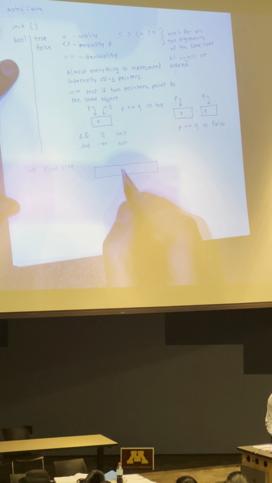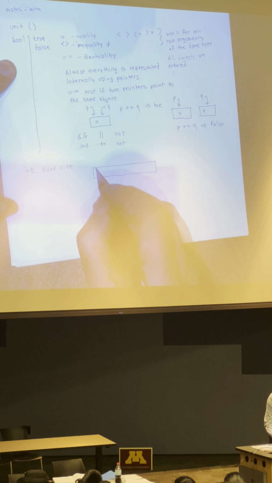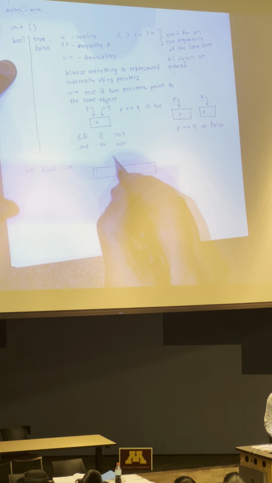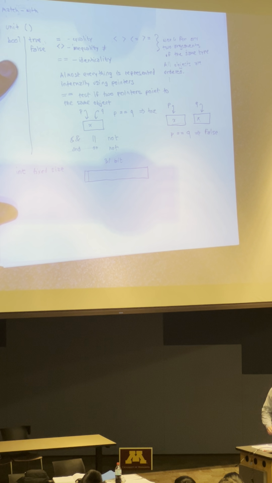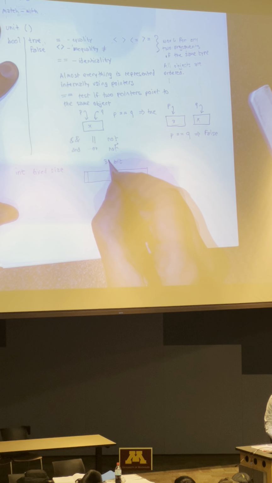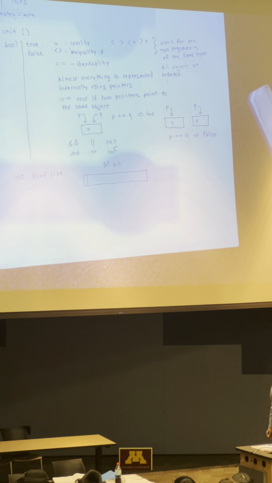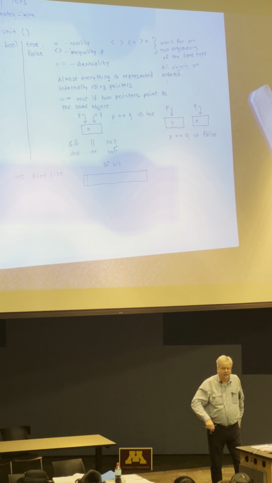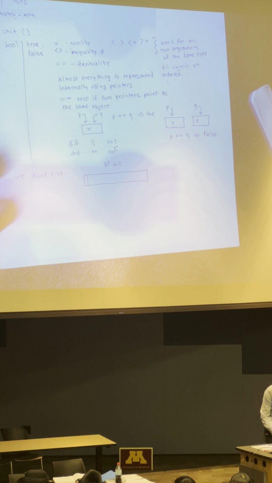So let's imagine that this is a word in memory, and let's say we've got a 32-bit computer, a computer with 32-bit words. Most computers these days have 64-bit words, but let's say we've got a 32-bit word.